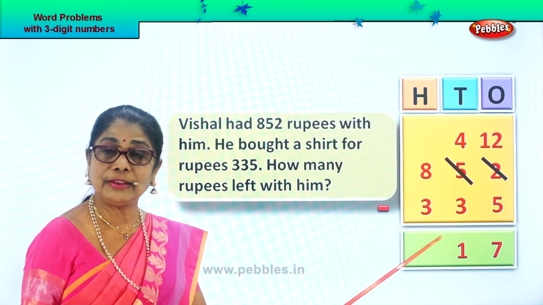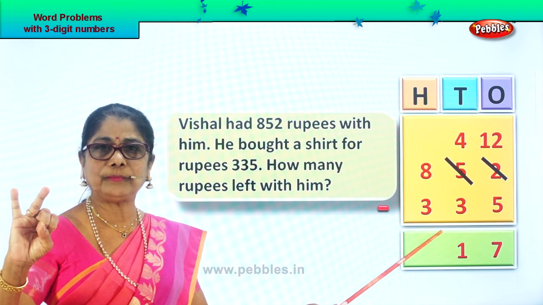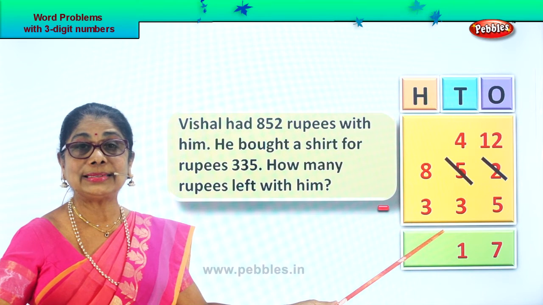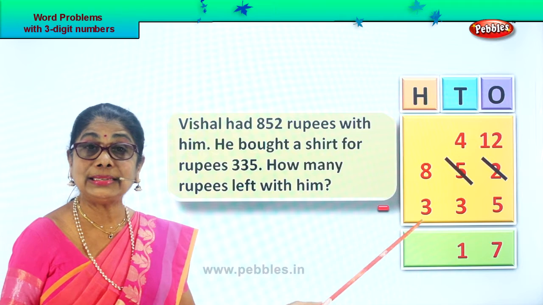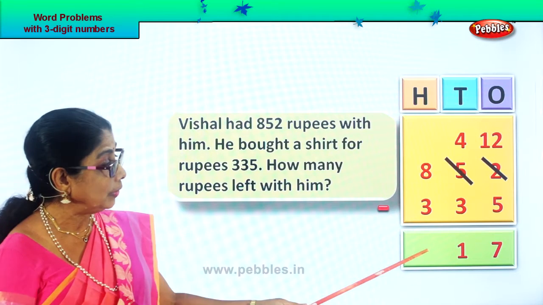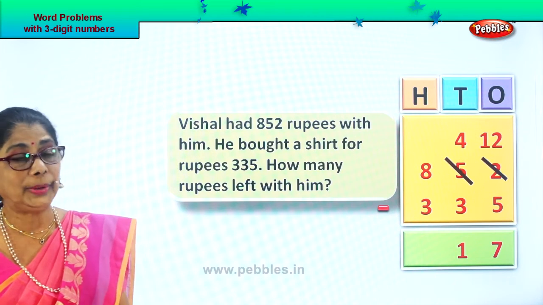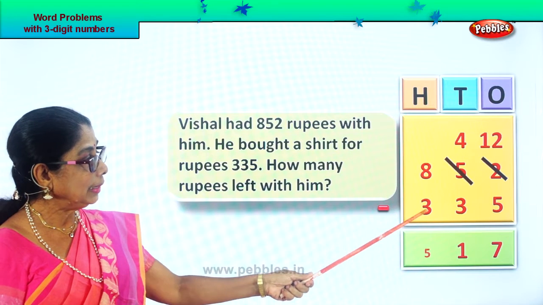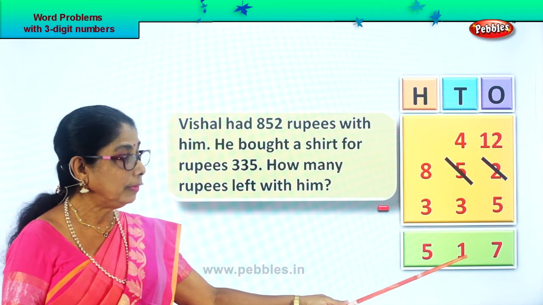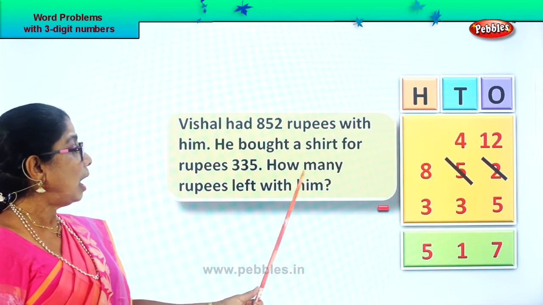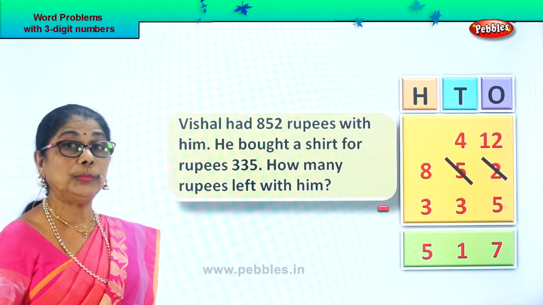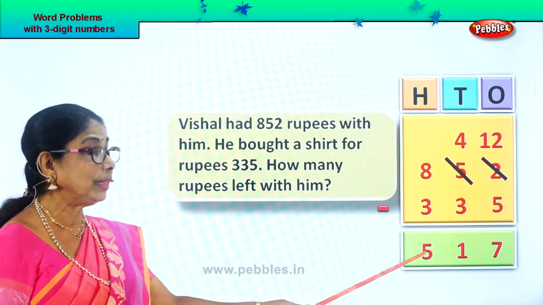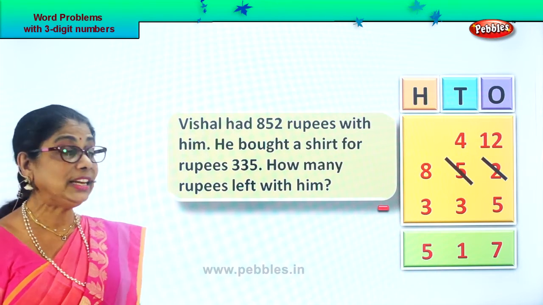After 3, 4, 5, 6, 7, 8. 8 minus 3 gives you 5. So you write 500 in the hundreds place. The answer is 517. How many rupees are left with him? He is left with 517 rupees.